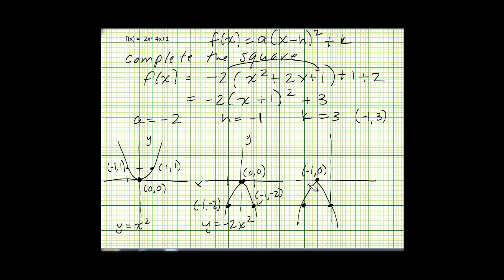And now we have our third step, our horizontal translation, and our shift to the left, and this is y equals negative 2 times the quantity x plus 1 squared.